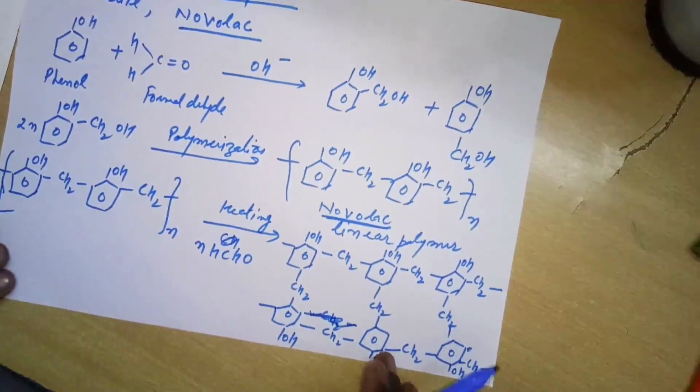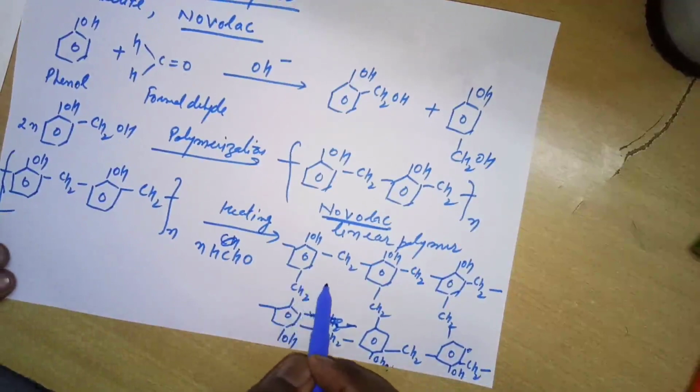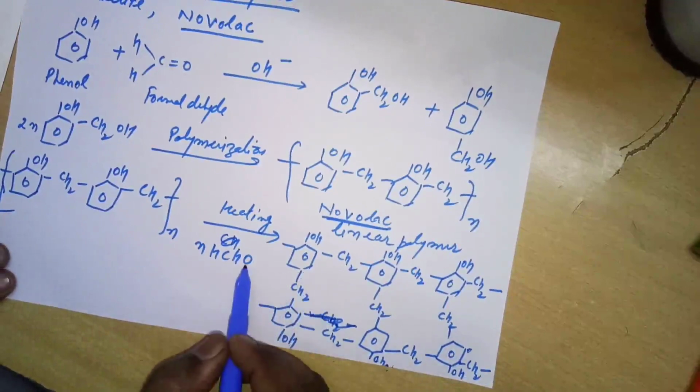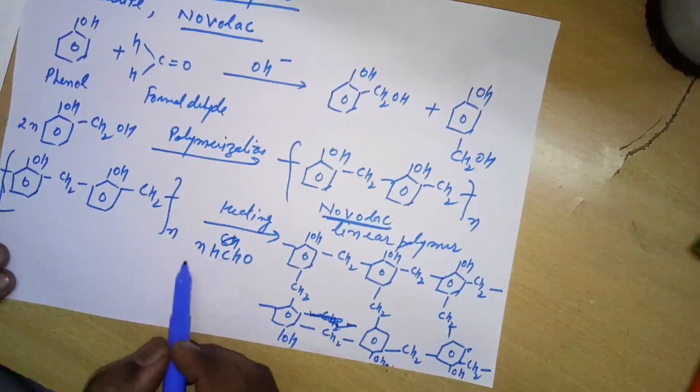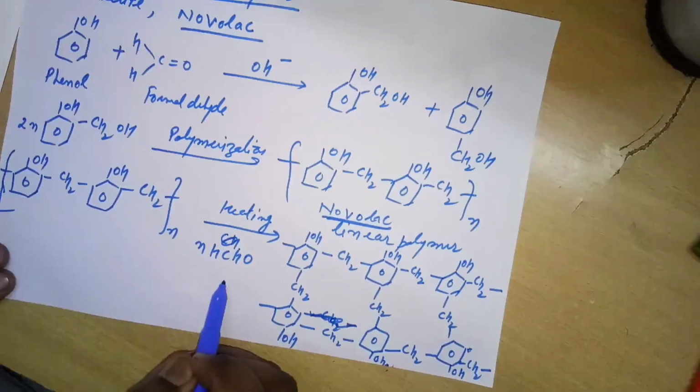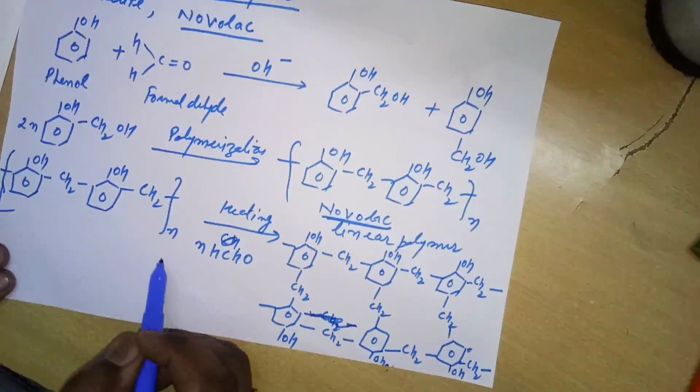The soft bakelite with low degree of polymerization is used as binding glue for laminated wooden planks and in varnishes. High degree polymerization leads to the formation of hard bakelite, which is highly cross-linked and is a thermosetting polymer.